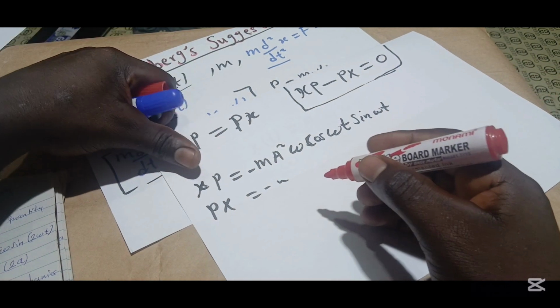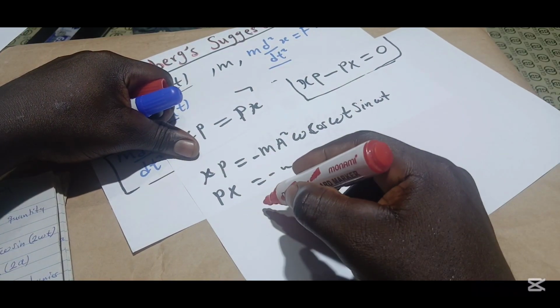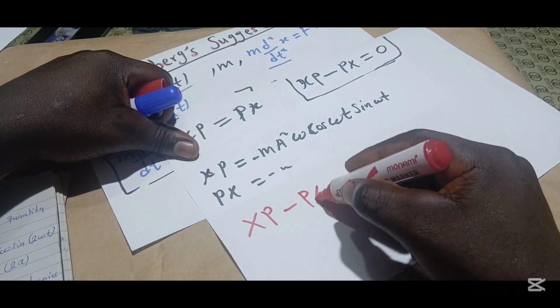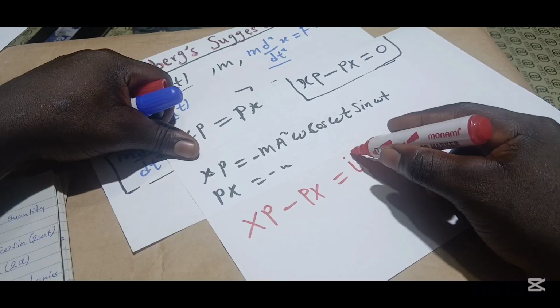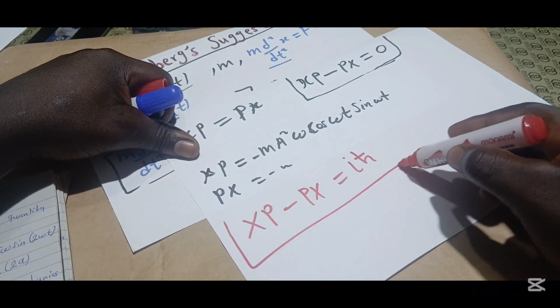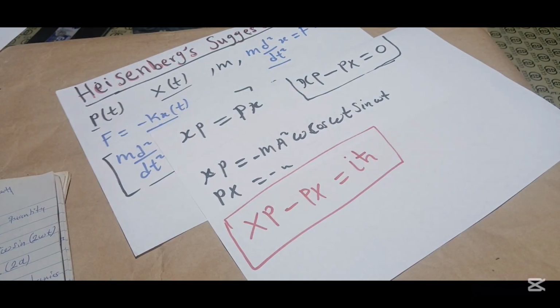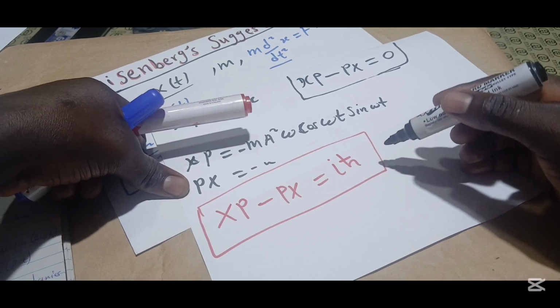So now, this is what we are trying to say here. Let's say the true equation, xp minus px, should be equal to a non-zero quantity. This should be our true equation in quantum mechanics, and this is the fundamental postulate of quantum mechanics.